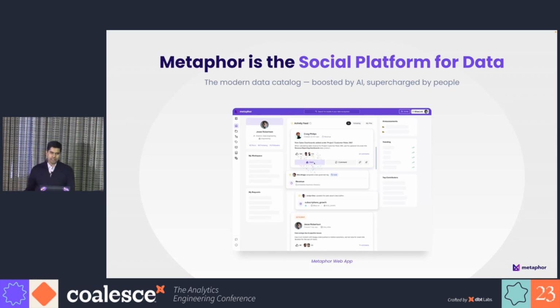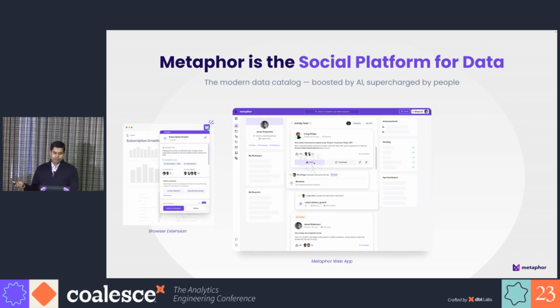What you're seeing here is that Metaphor focuses on a core web application or experience which is very much simplified, not just for non-technical teams like business users or business analysts, but for everyone, along with data personas like data engineers, analytics engineers, or data analysts. Along with this, we also strongly believe in serving the metadata where it is required, providing the necessary insights where you are actually using the data.